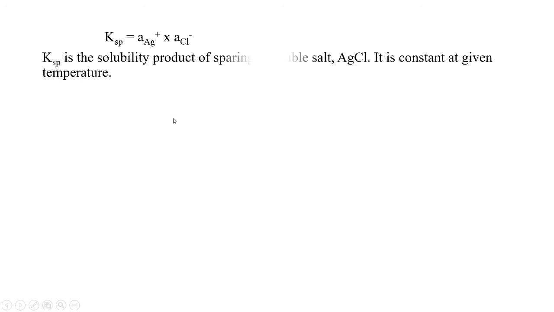So we can write this equation as Ksp is equal to a(Ag+) into a(Cl-), where Ksp is the solubility product of the sparingly soluble salt. It is constant at a given temperature, but it is more convenient to express it in molar concentration terms.